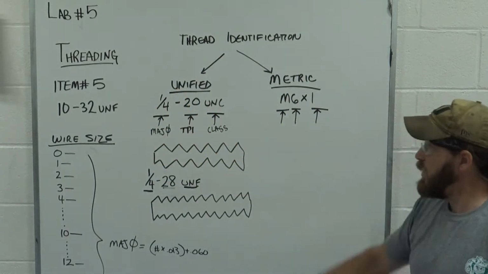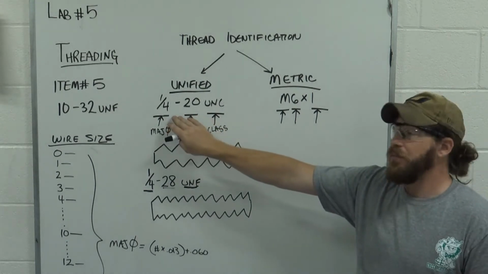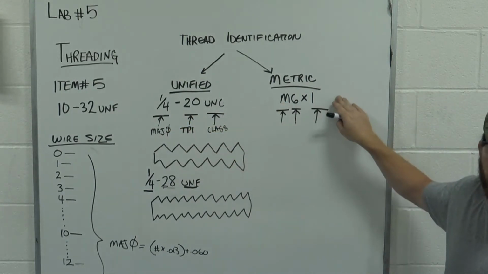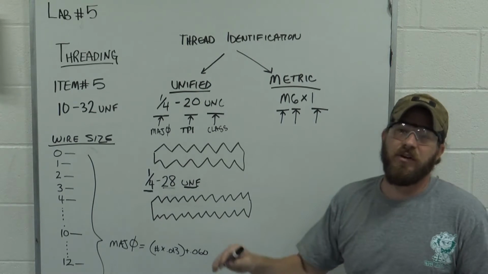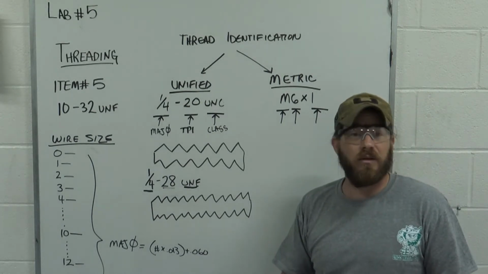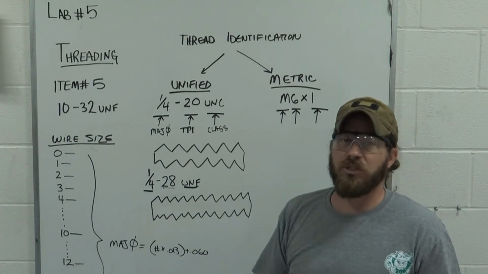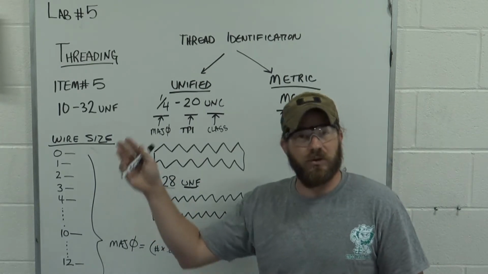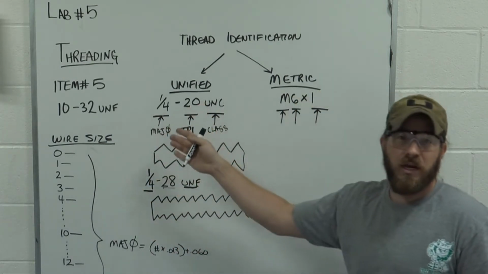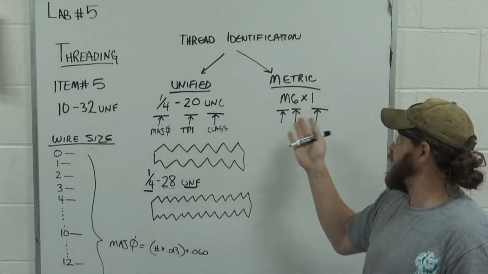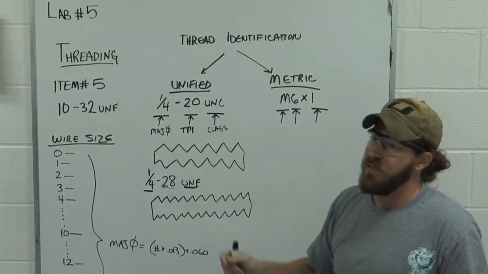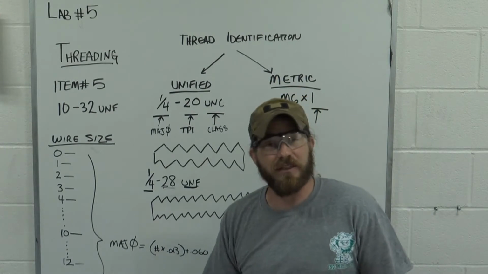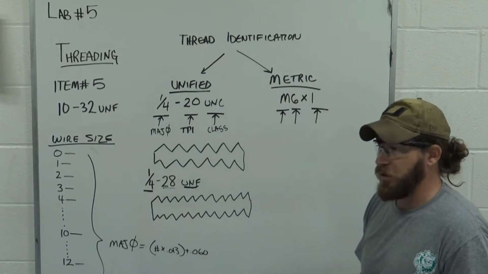This quarter 20 and this metric one here, which I'll get to in a second, are very, very similar. Just by picking them up and looking at them, if you don't know what you're looking at, you might think they're the same. You go to the store, you get a quarter 20, but it needed to be this metric size. Then it won't fit, so you're going back to the hardware store.